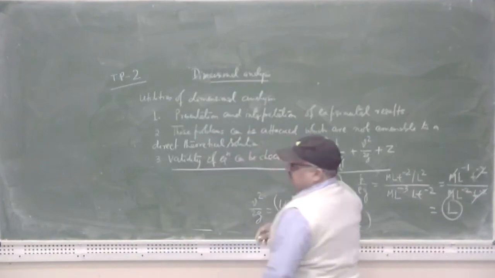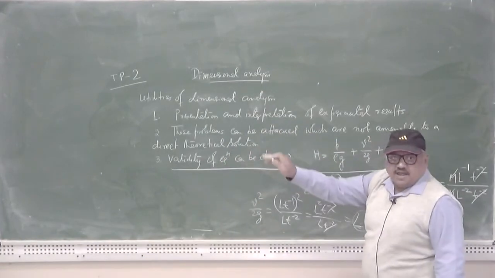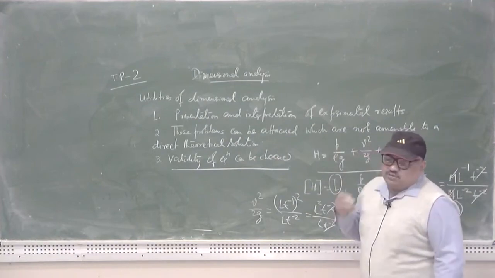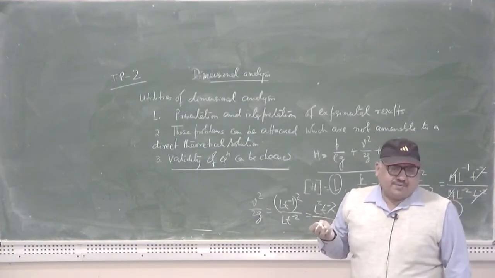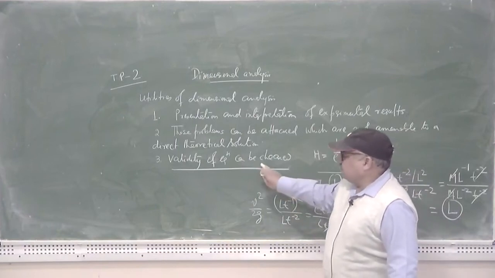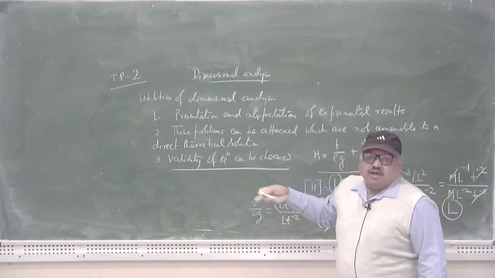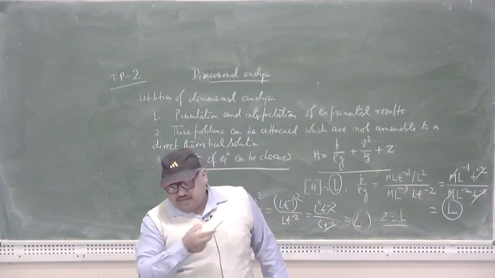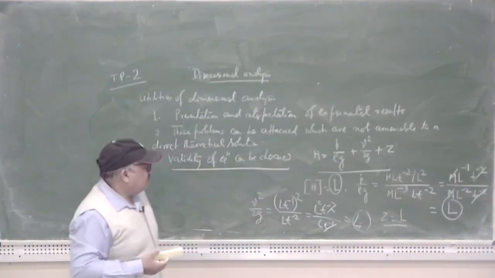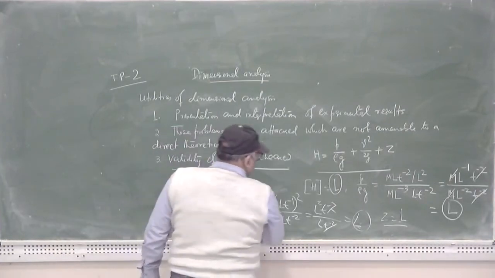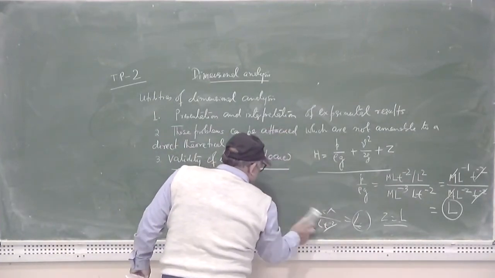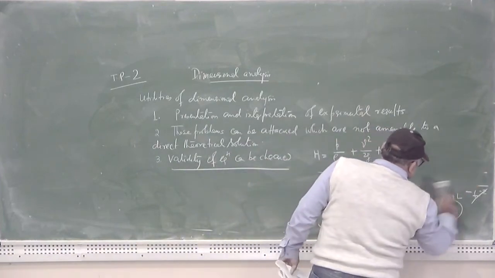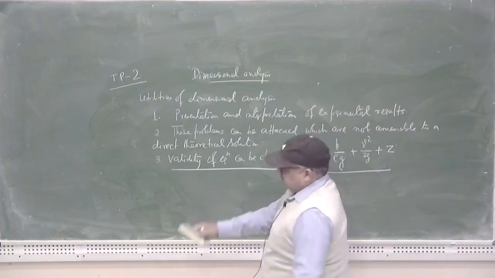And Z, that is height from the datum line, has also the dimension L. So all these quantities have the dimension of L. So the validity of the equation can be checked. Very fundamental equation of kinematics is S is equal to ut plus half at square. At those places also the validity of the equation can be checked. The Stokes law, F is equal to 6 pi mu R into V, that can also be checked.